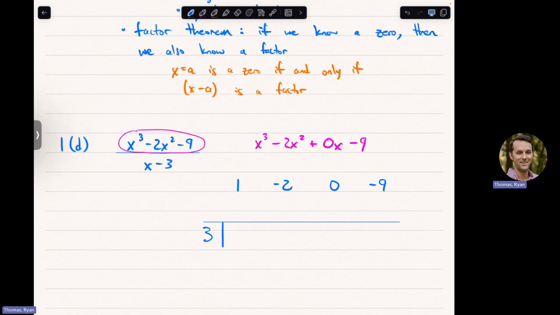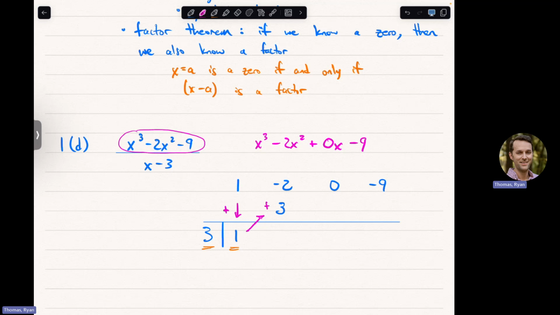Okay. Somebody walk me through it. Okay. Adding down the columns, 1 plus nothing is 1. Then multiply those. 3 times 1 is 3. Store that in the next slot and then add.